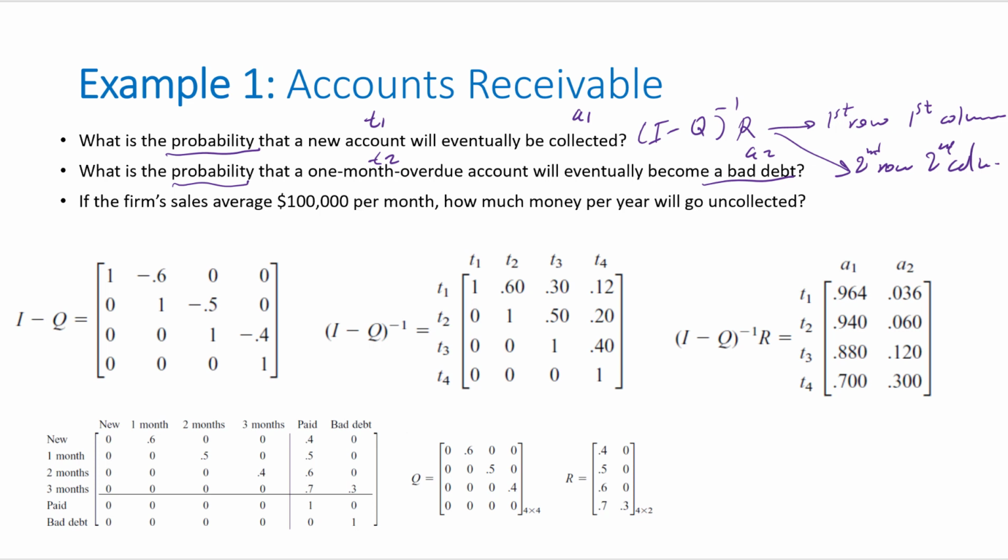And if we get the inverse of that, and then multiply it by R, we get this final matrix.